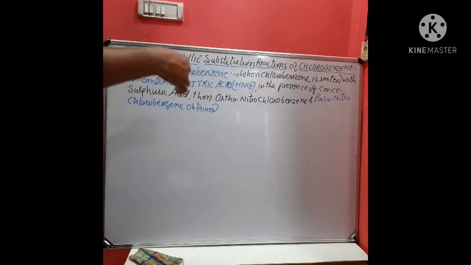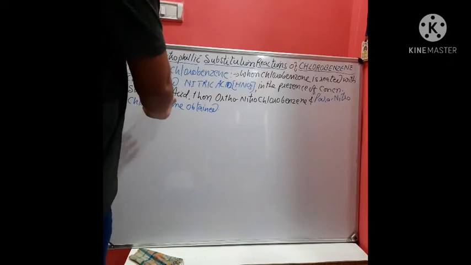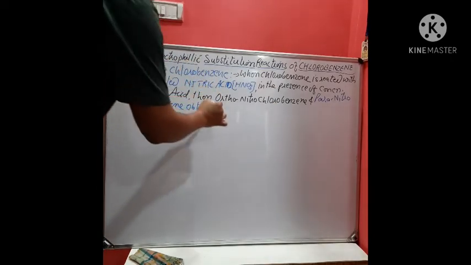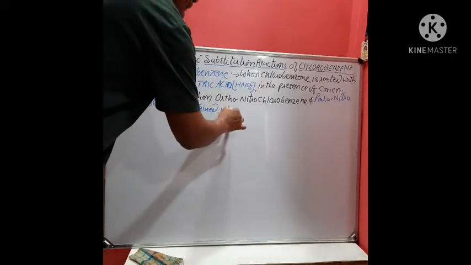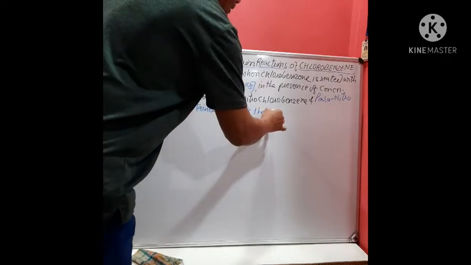Now student, which one will be the major product? The para nitrochlorobenzene will be the major product.